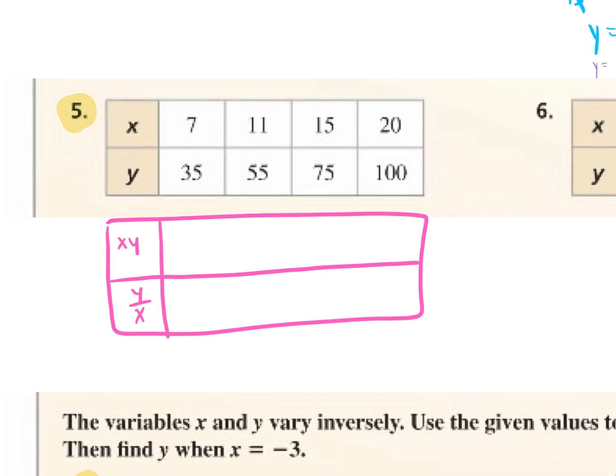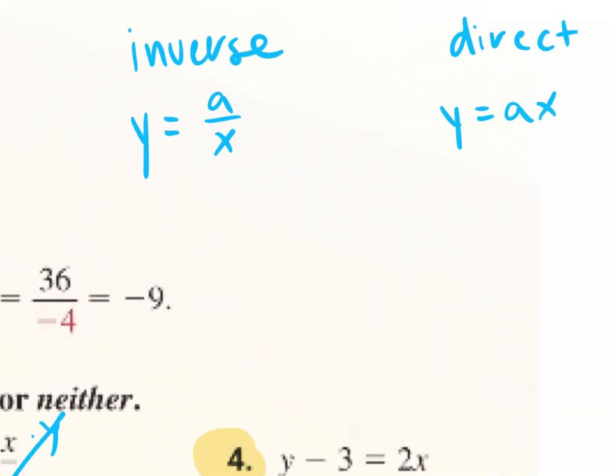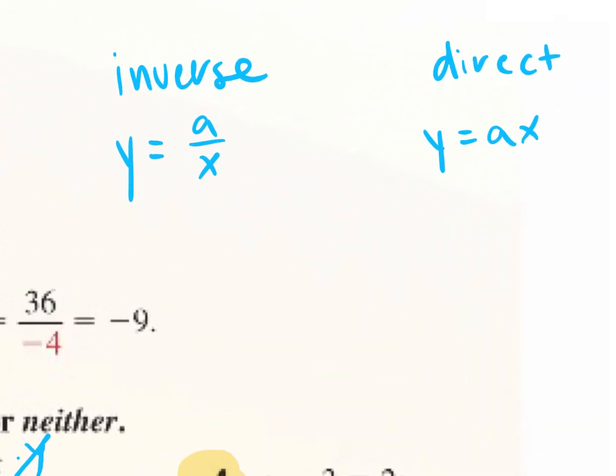The reason why we do x times y or y divided by x is because we're trying to solve for a. We're trying to figure out which one has that constant a. So to solve for a in my inverse variation, I would have to multiply x on both sides. So a would be equal to x times y. So if x times y is a constant, that means that it's inverse variation.